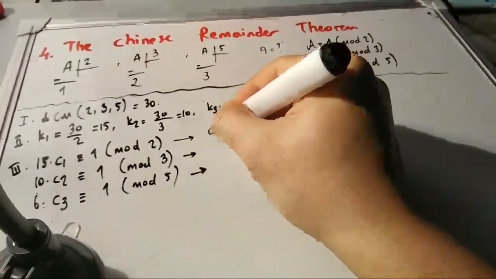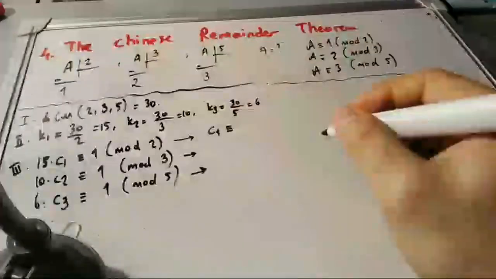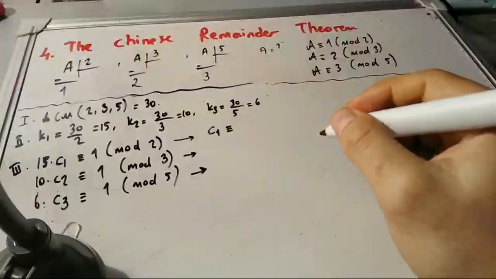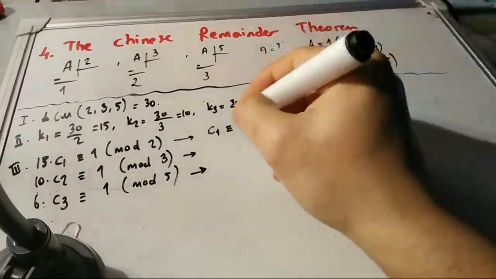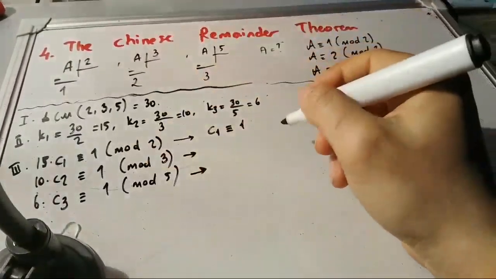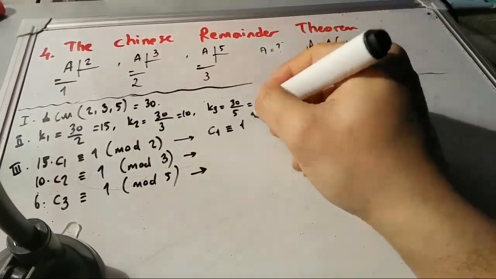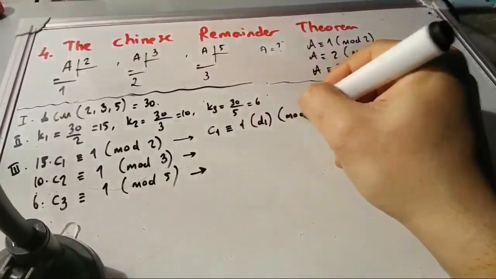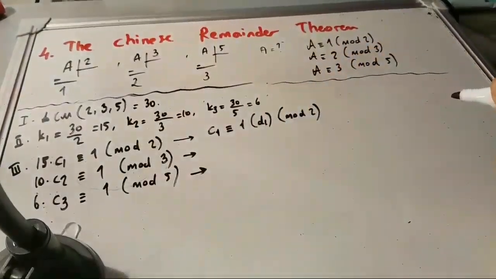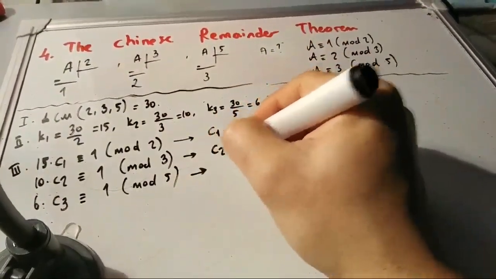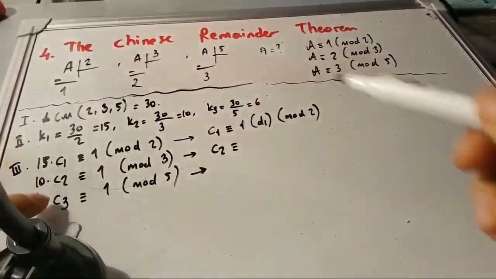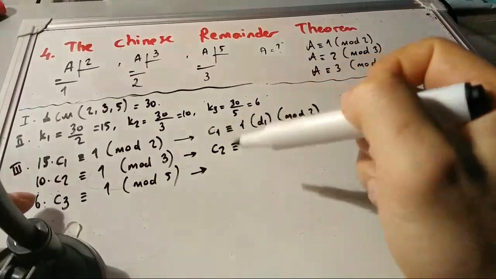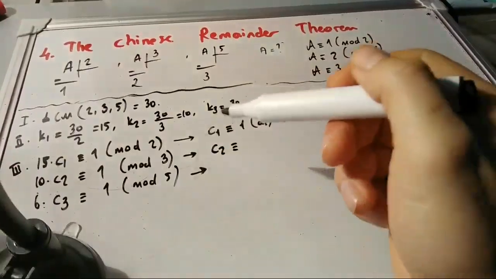C1 is congruent to 1, which is D1, in mod 2. C2 is congruent to... 10 divided by 3, remainder 1 as well.